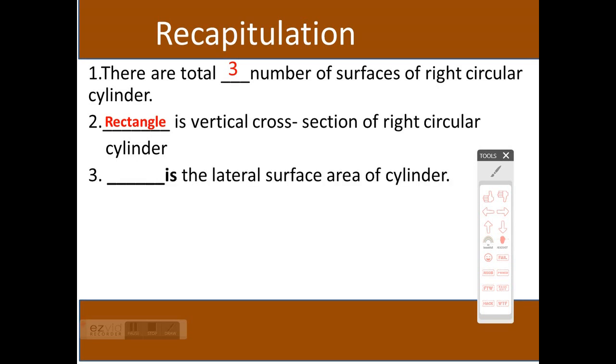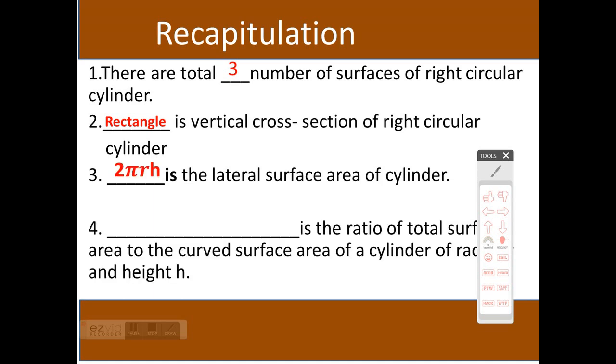Dash is the lateral surface area of the cylinder. We have already derived 2 pi r h. Dash is the ratio of total surface area to the curved surface area of a cylinder of radius r and height h. We have already calculated both: the total surface area, that is 2 pi r h plus 2 pi r square, upon 2 pi r h.